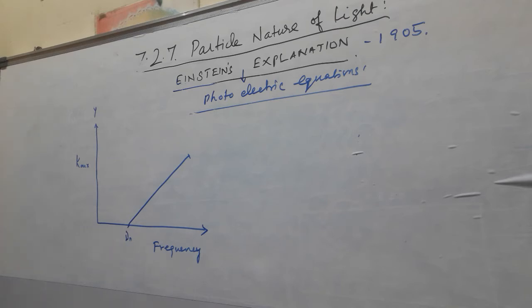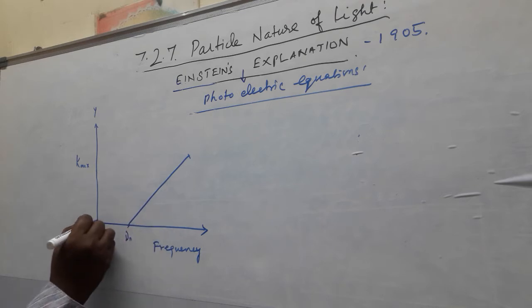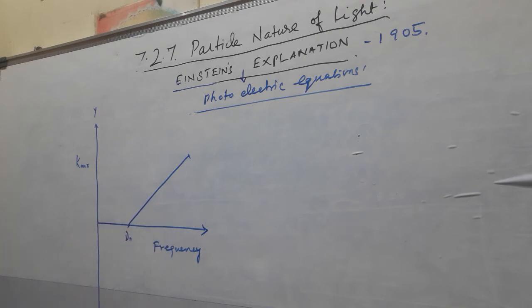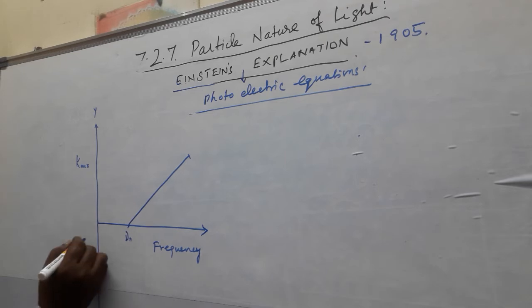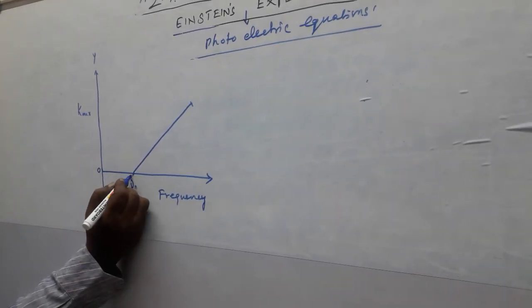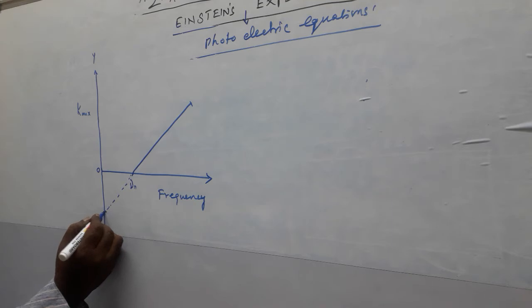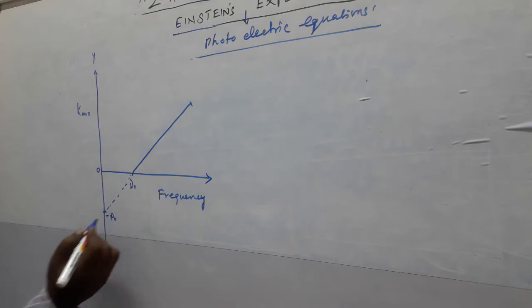Are you clear? Now, if you extend this graph, this is called y dash, and this is called 0. If you extend this straight line like this, it intersects the y axis at minus phi naught.